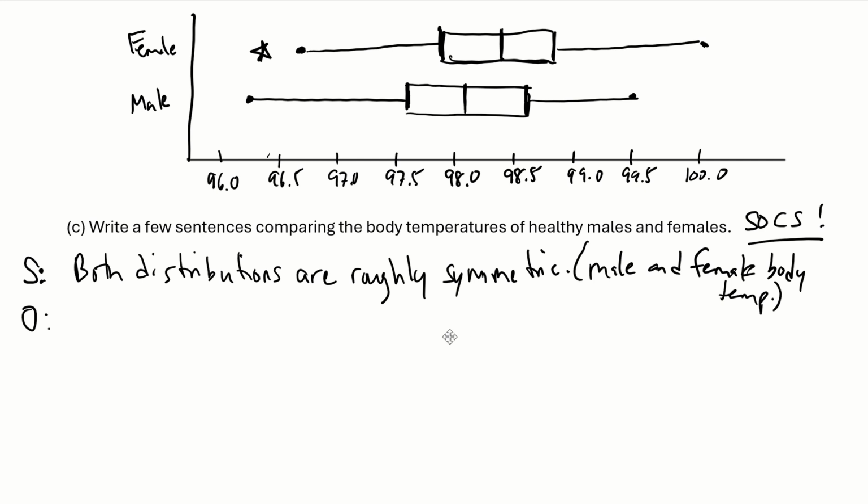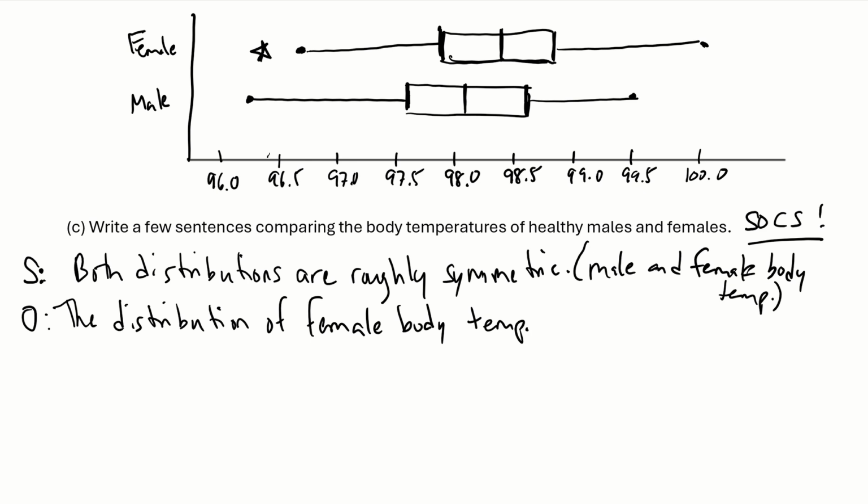Outliers. So there's one outlier. The distribution of female body temperatures has an outlier.